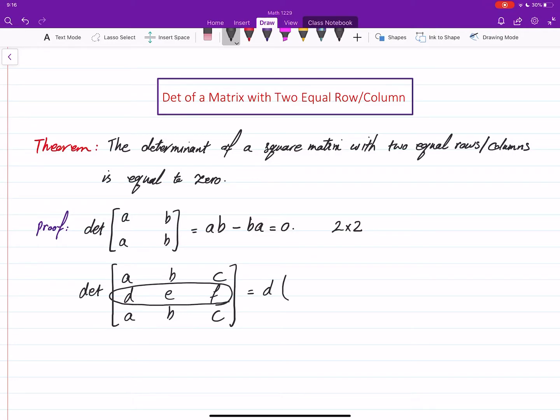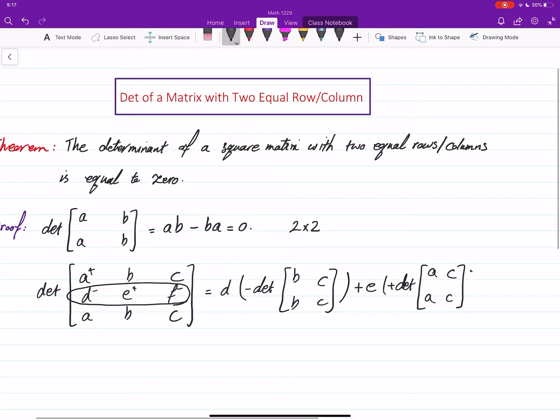It will be D times, well, this is plus minus, determinant of BC, plus E times plus determinant of AC. And then the last piece is F times minus determinant of AB.